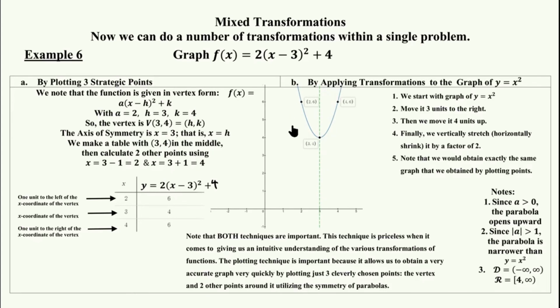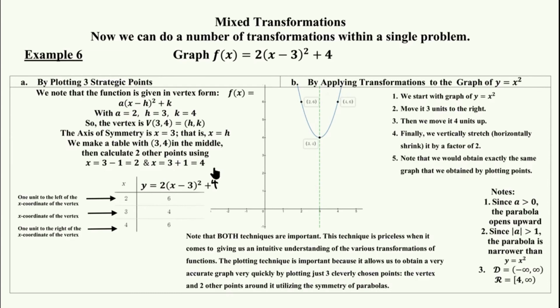You would have just a portion looking like this up here. That would not do you any good. So what you want to do is make sure that you start with the vertex, and then whether you go 1 unit left, 1 unit right, or you want to go 2 left, 2 right, doesn't matter. Just go the same distance, and you'll use the symmetry to get 3 really nice points to graph the function with.